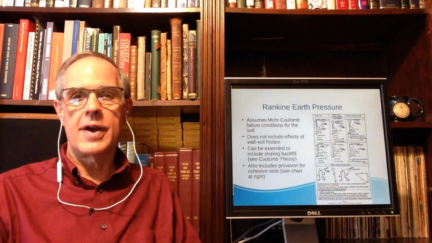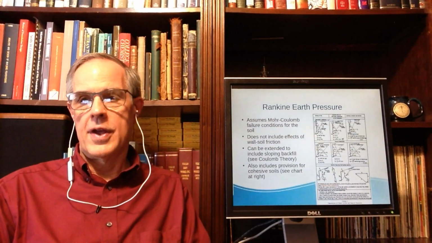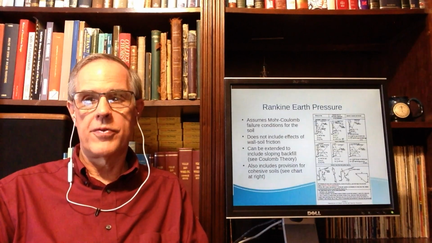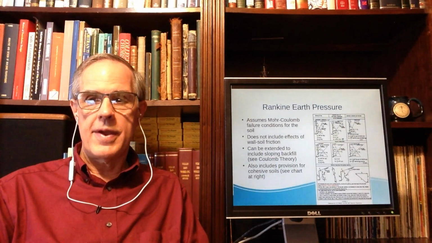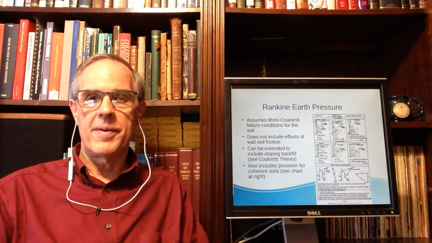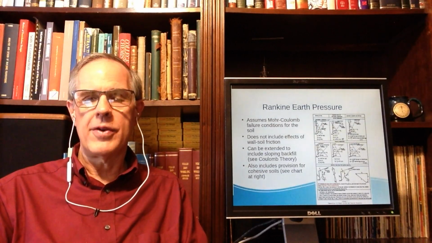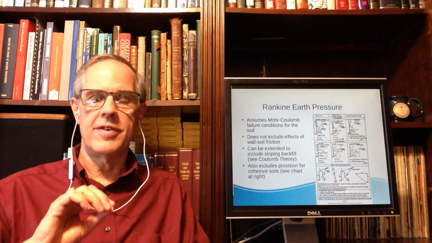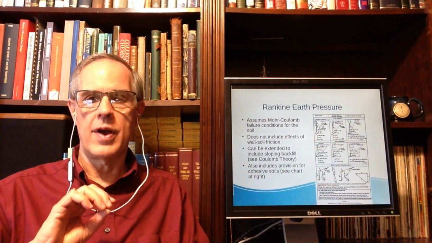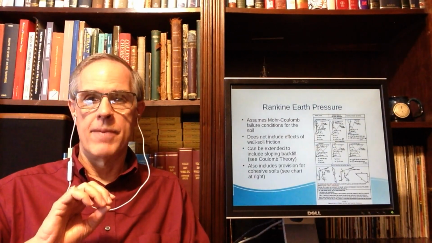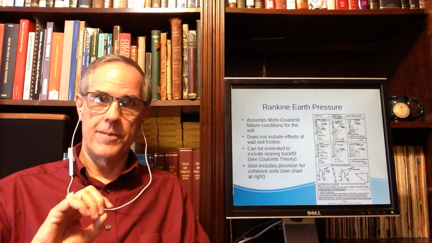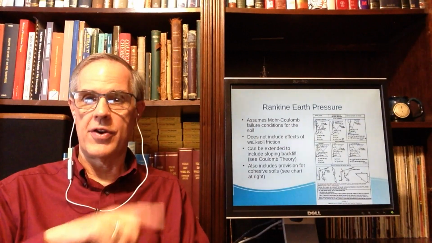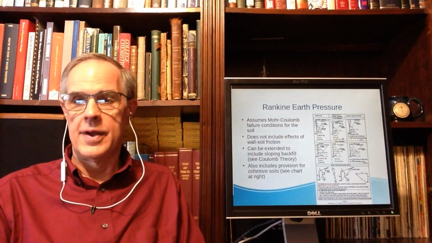Rankine, you remember this diagram in soil mechanics. It assumes Mohr-Coulomb failure conditions for the soil. It does not include wall friction effects. It can be extended to include sloping backfill. It's kind of a backhanded way we do this. Coulomb allows that because Coulomb is explicitly constructed using wedge theory and that kind of thing. And then you just simply set the delta, or the friction angle, to 0 and you get Rankine.